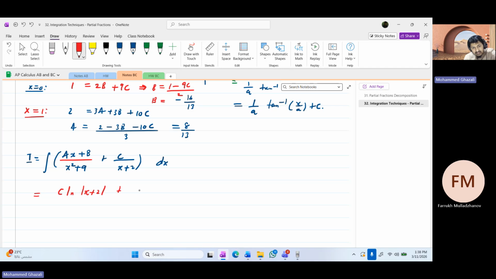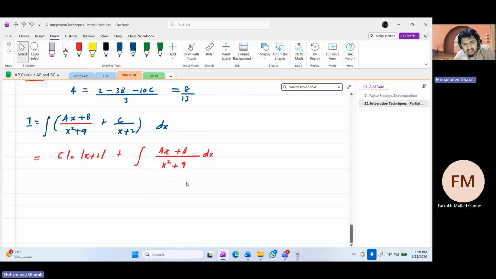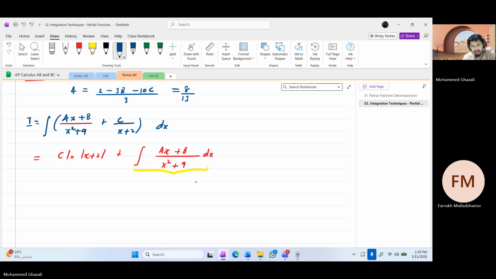Plus, the problem is to integrate this, ax plus b over x squared plus 9 dx. How are we going to integrate this? To integrate this part over here, call it integral I2.